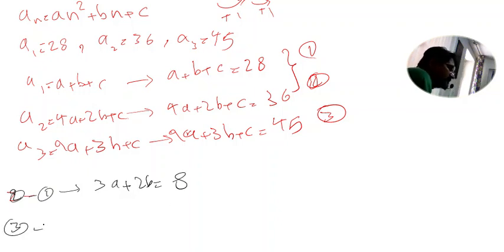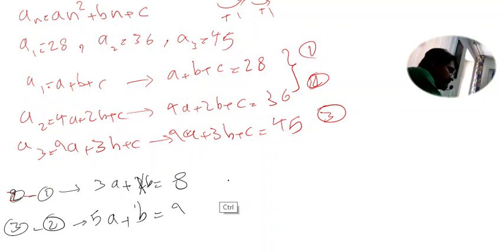Line 3 minus line 2 gives 5a + b equals 9.